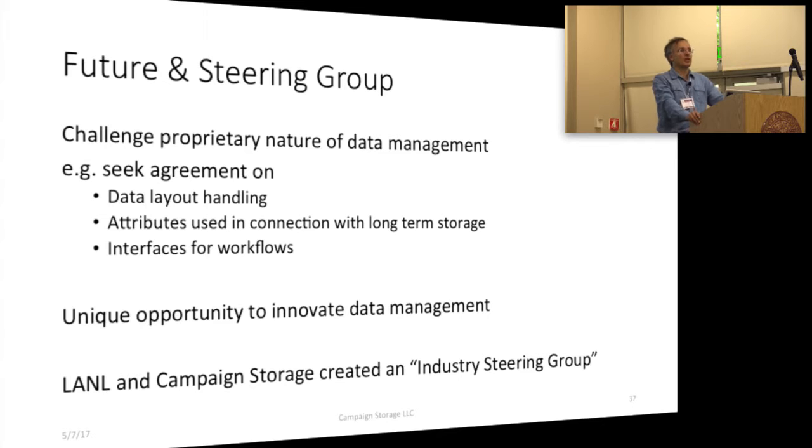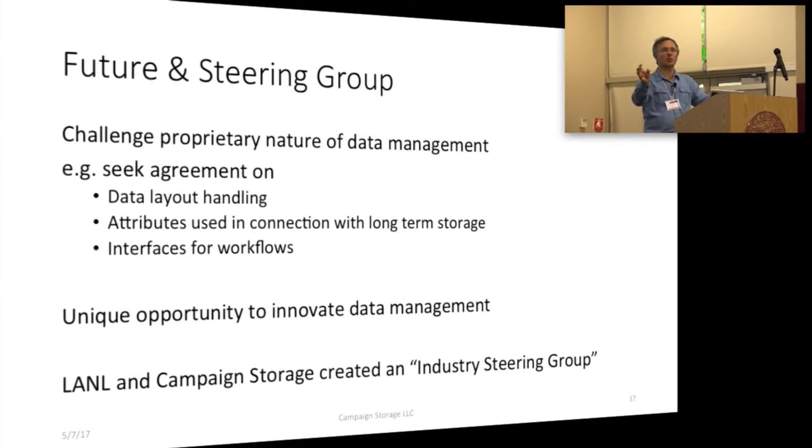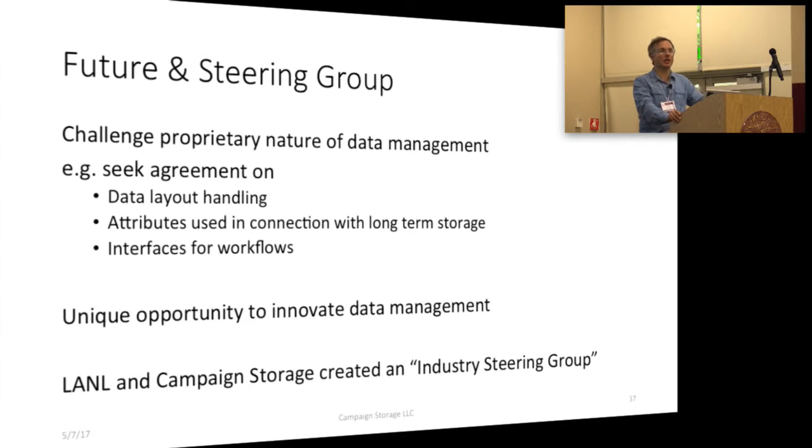Similarly, everybody is building their own interfaces for workflows. Workflows are very often bulk operations on file systems, meaning moving lots of objects, moving lots of names, and the Unix APIs, which have been tremendously successful, unfortunately only work one object at a time.